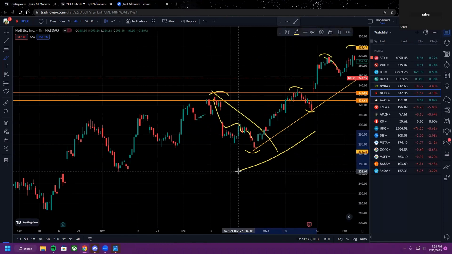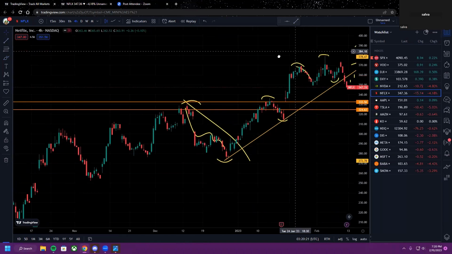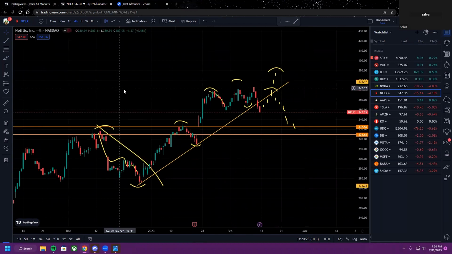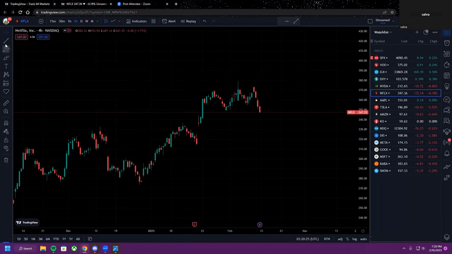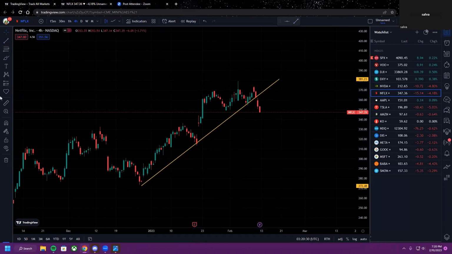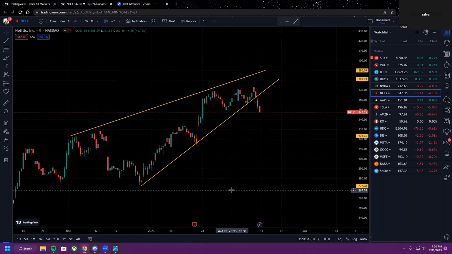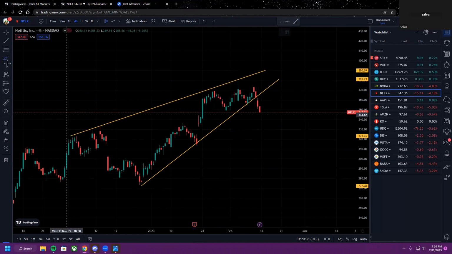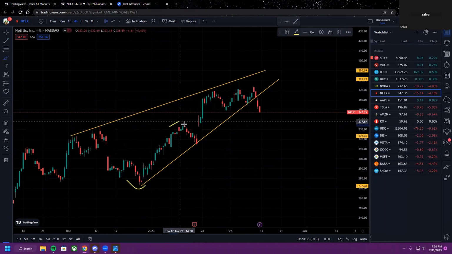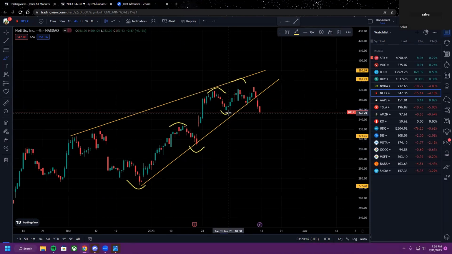So boom, we got this one, and let's see if Netflix plays out the same way. We have almost the exact same pattern, right? Look, almost the exact same thing. High, high, high, high, high.